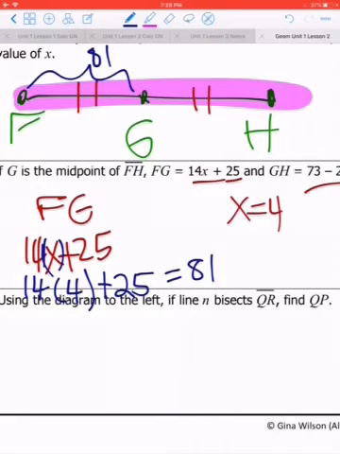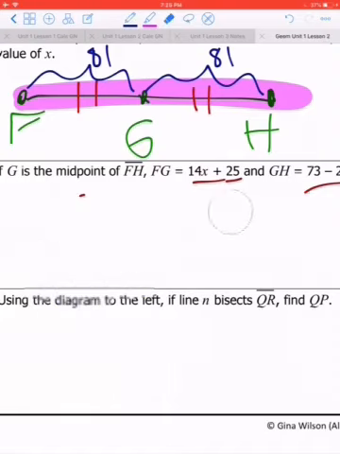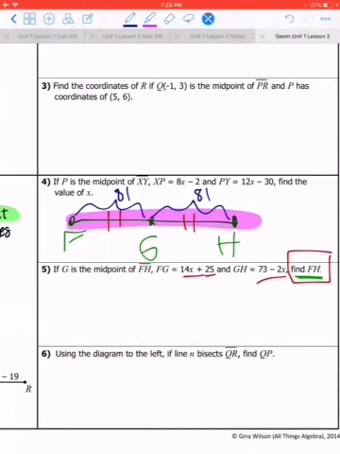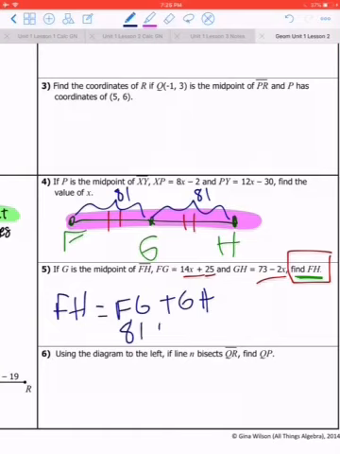Without having to plug in for x, for GH, what should that also be? Should be 81, because that's what a midpoint is. Alright, so when we're finding FH, the whole thing, it's going to be FG plus GH, so that's 81 plus 81, which is 162.